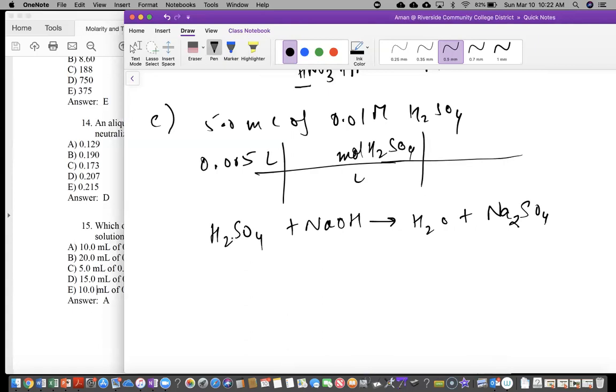Right, now let's balance this. You can balance this the normal way, the longer method, but I gave you guys a tip. This only works for acid and base, nothing else. The trick is, how many hydrogens does the acid have? H2SO4 is the acid, right? How many hydrogens does it have? 2.